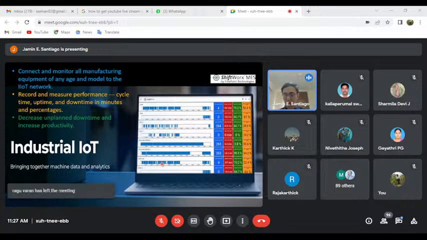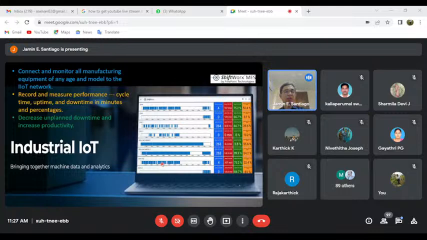This is a challenge because some machines may be very old, but still an IoT device can be connected to it that will inform us how it is performing, or does it need maintenance. So any age, any model can be connected. And once we have this sensor data network, we can feed it to machine learning.